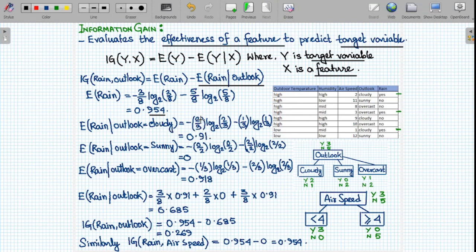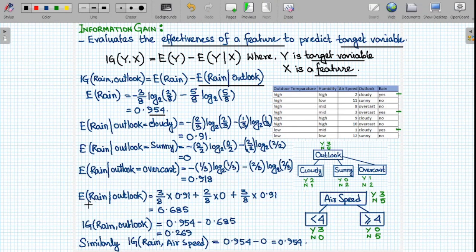How are we calculating it? The same entropy equation has been evaluated here: minus probability of yes log base 2 probability of yes minus probability of no log base 2 probability of no. We have evaluated the same thing when outlook is sunny and when outlook is overcast, and got 0 and 0.918 respectively.